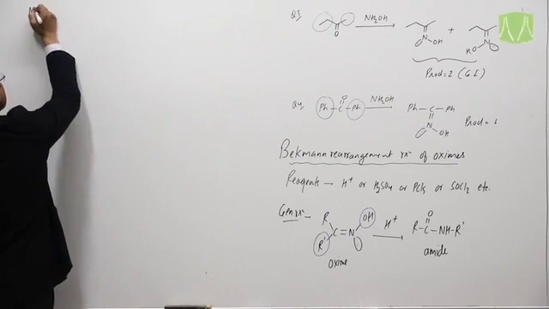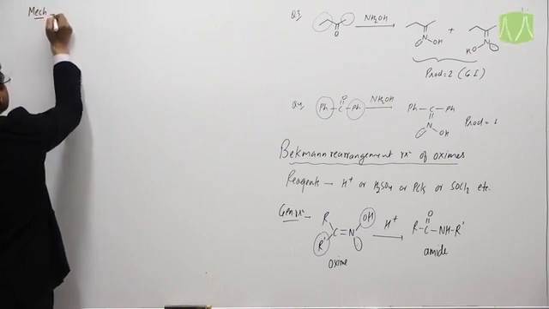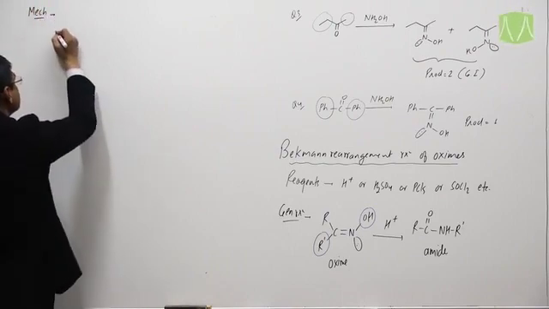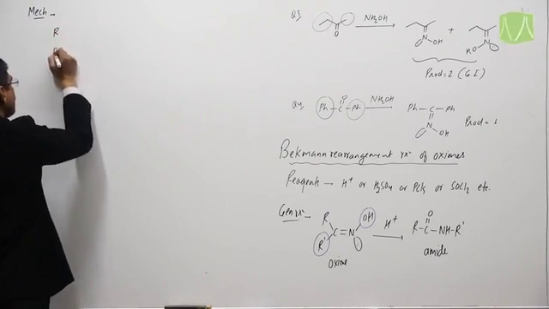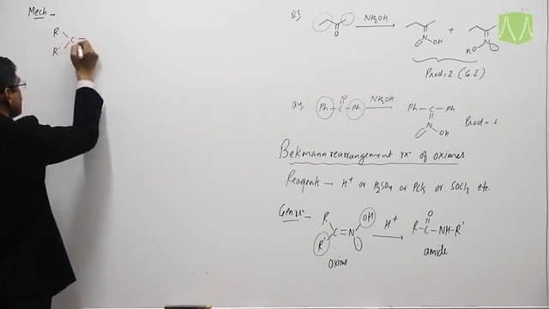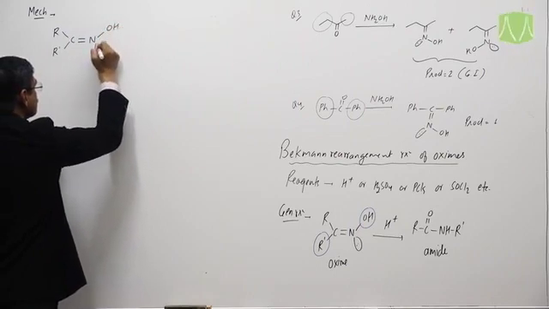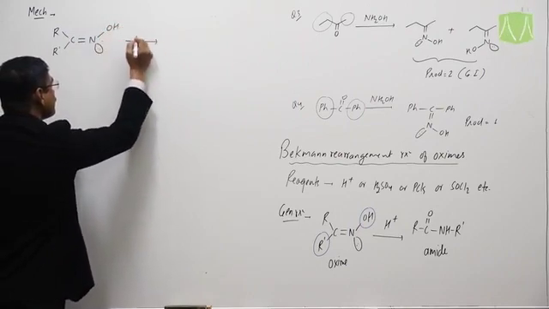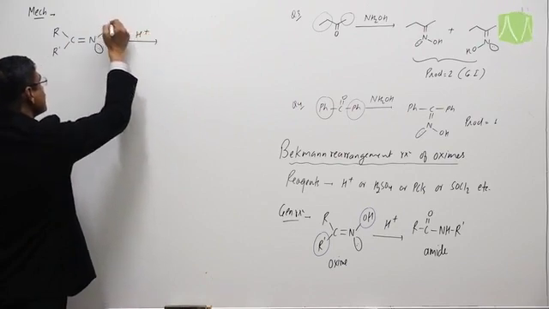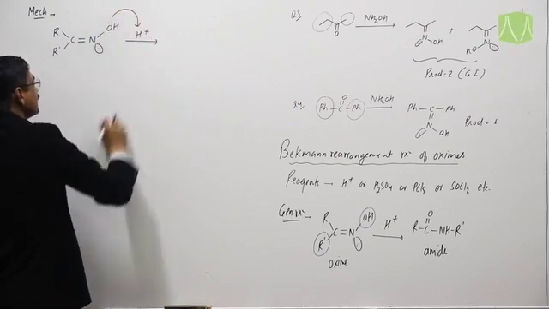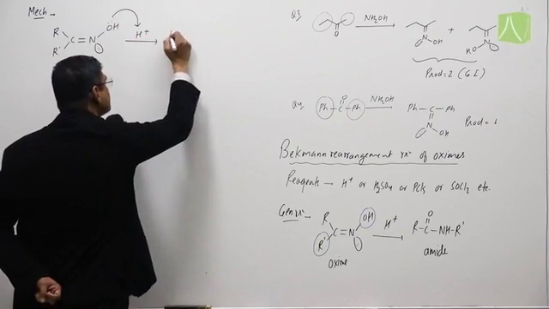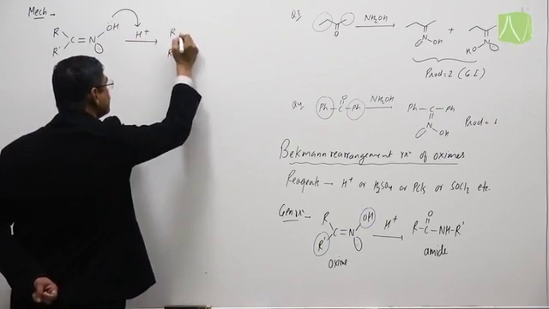So first, the mechanism. Suppose I take the same example. This is the orientation. In presence of H plus, the OH group is converted into a good leaving group, that is OH2 plus.